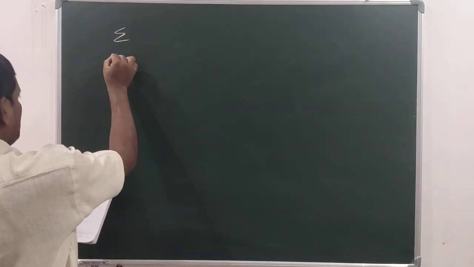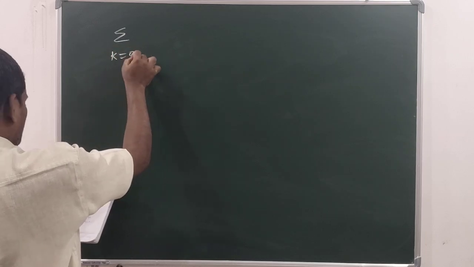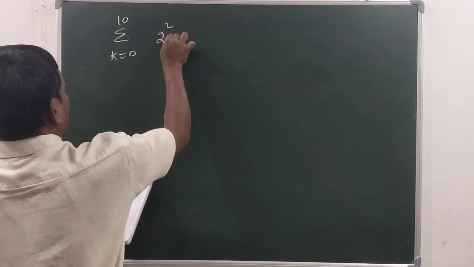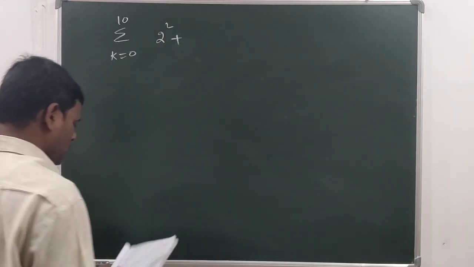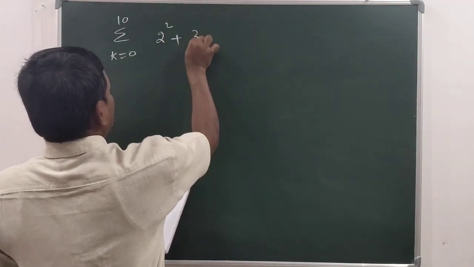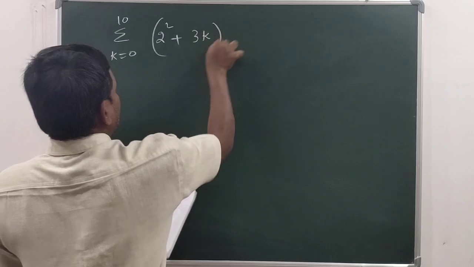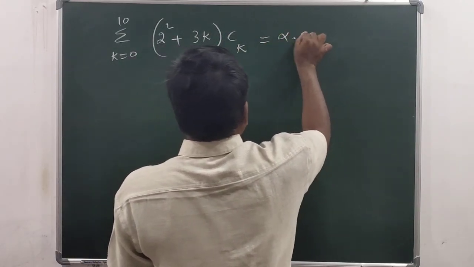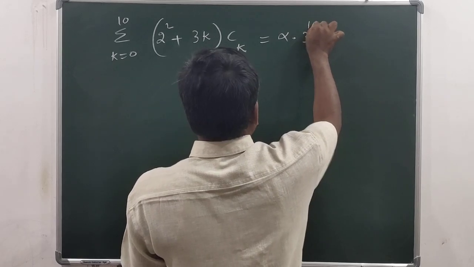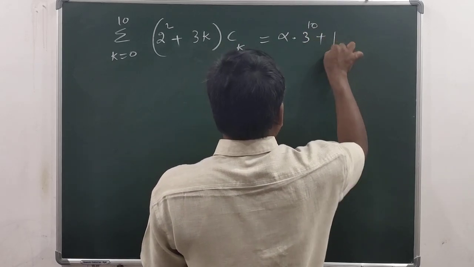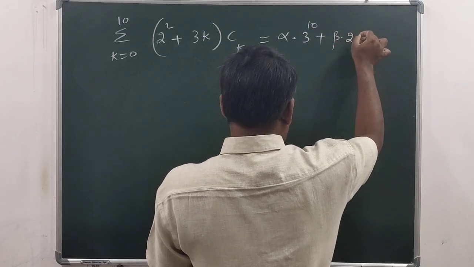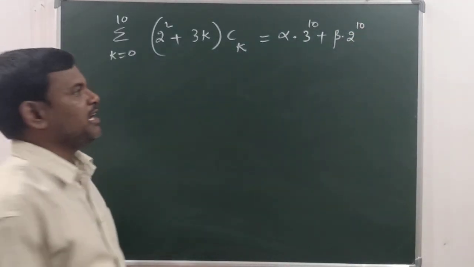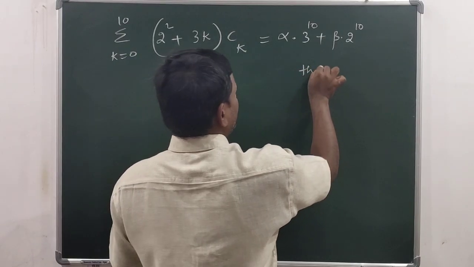Summation k runs from 0 to 10, 2 square plus 3k into Ck, which is equal to alpha into 3 power 10 plus beta into 2 power 10, where alpha comma beta are any real numbers. Then alpha plus beta equal to how much?